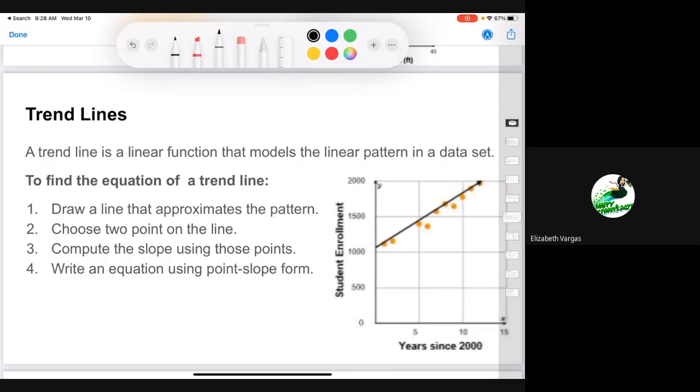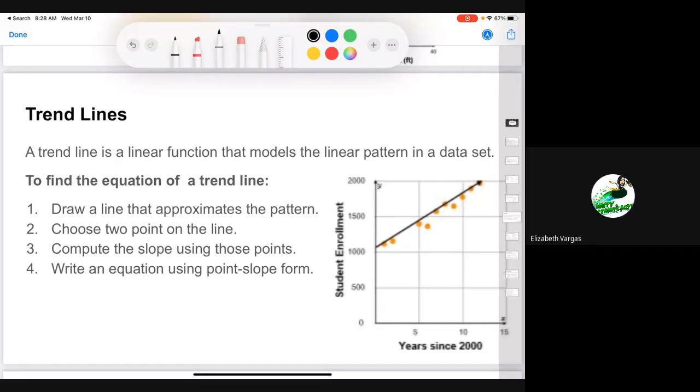And the way that we do that is we draw a line that approximates the pattern. So like there you see that black line, that's the line that approximates that pattern. It looks like it's kind of a positive correlation, right? Because it goes upward. And then in order to create an equation, what we want to do is choose 2 points on the line, compute the slope using those points, and then write an equation using point slope formula.